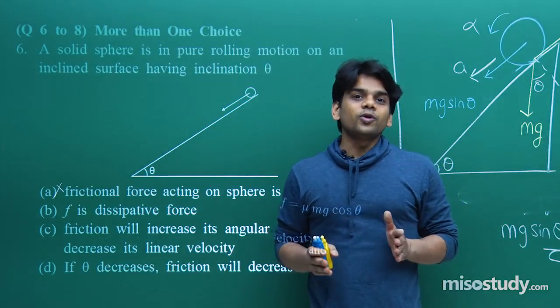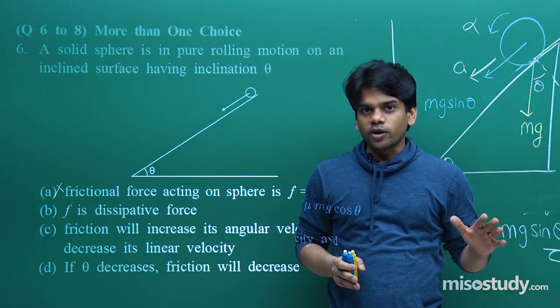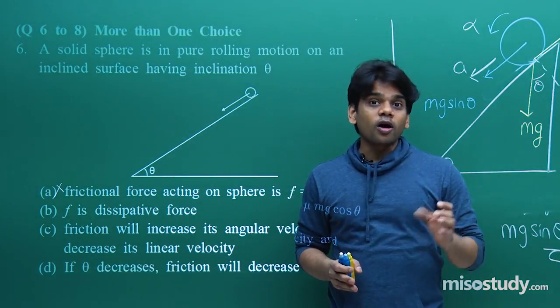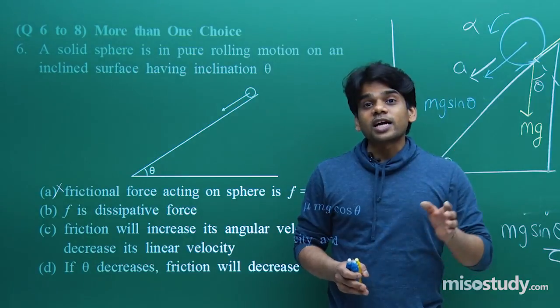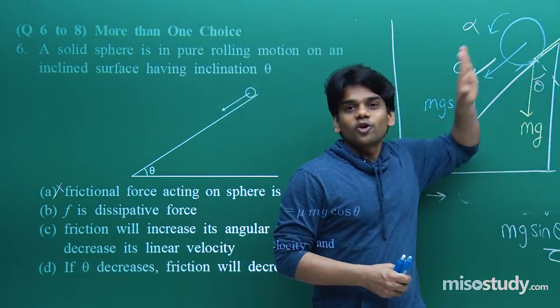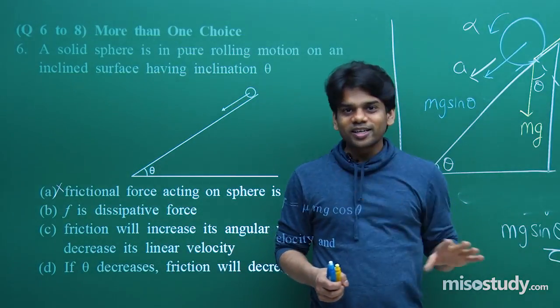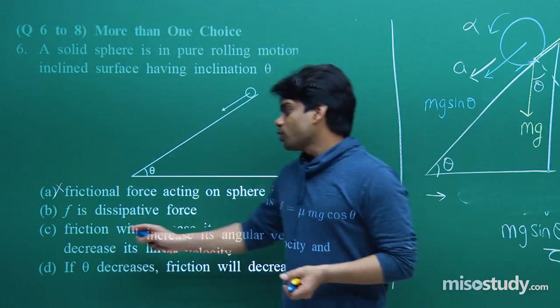Regularly, I have told you this point in our regular classes. Frictional force is not going to do any work on this body. This is not a case of a block which is sliding on the inclined plane. It's a case of a sphere which performs pure rolling motion on the inclined plane. So friction force will not do any work. It's not going to play any role on the kinetic energy of the body. So frictional force, dissipative force, incorrect.